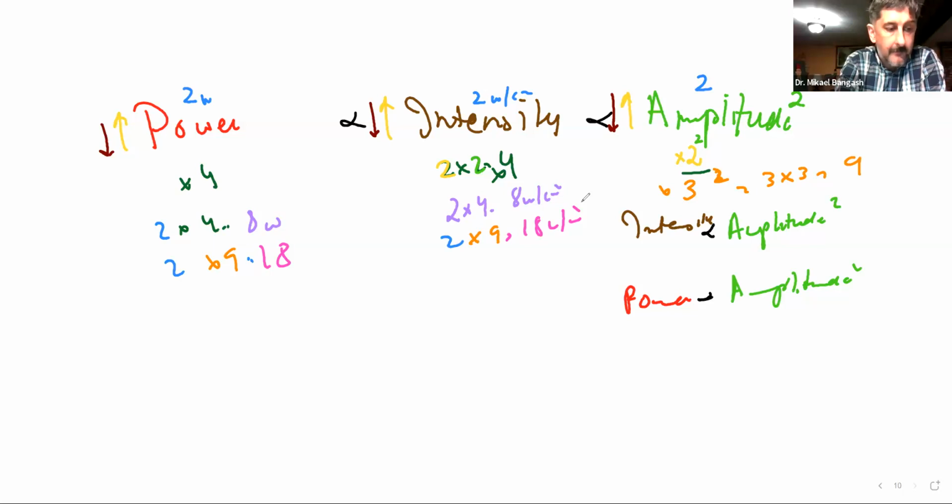Let me put it this way. Whatever the change in the amplitude is, you square that. Got it, thank you. Clear? You square that, and that's going to be what you will find as a change in the power and the intensity.